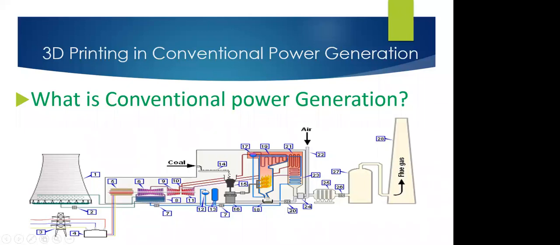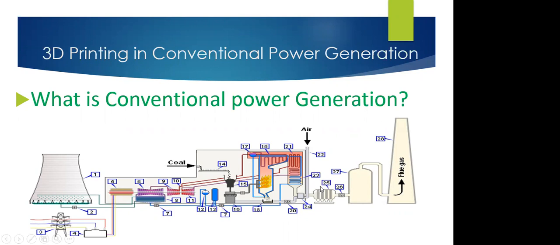Twenty is the fan, and twenty-one is the reheater. Twenty-two is the combustion air intake, and twenty-three is the economizer. This is a heat exchanger. And what is a heat exchanger? A heat exchanger is not an adiabatic device; an adiabatic device has no heat transfer.